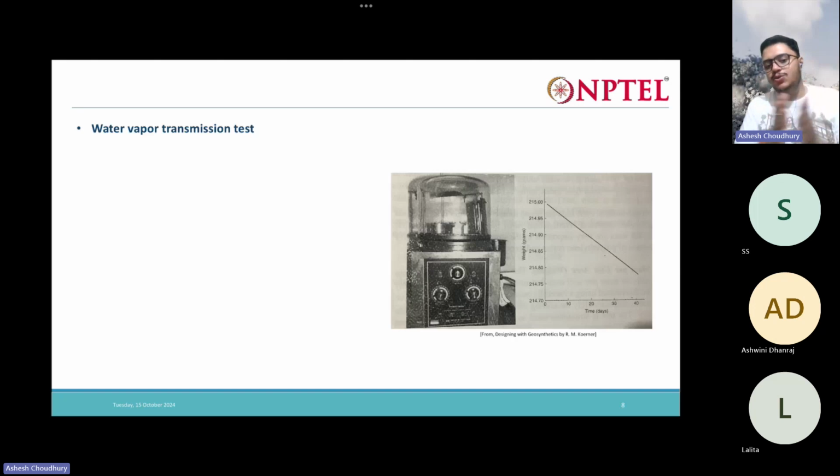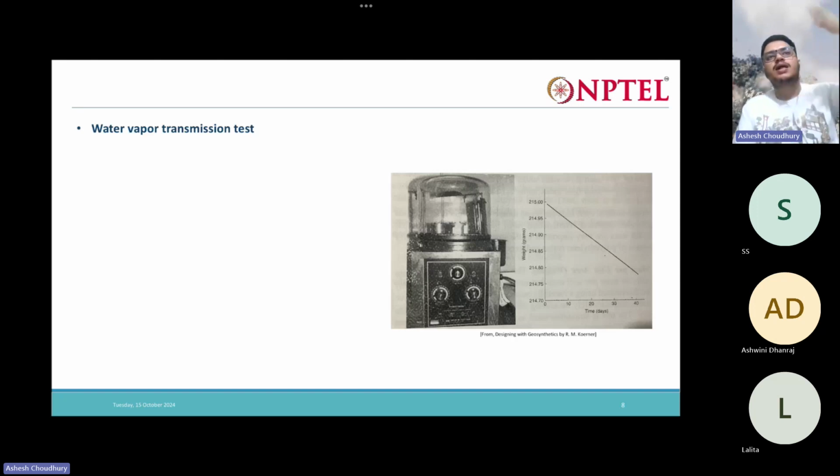You can see this apparatus in the figure. You have a small container inside which you have water, and then you cover the container with your specimen geomembrane. Then as time passes, you measure the weight of the container, the reduction of weight.